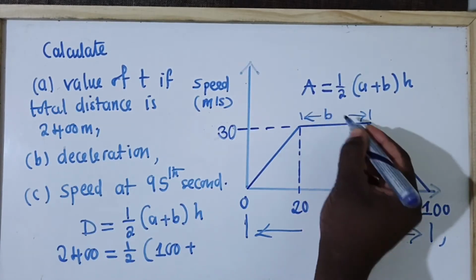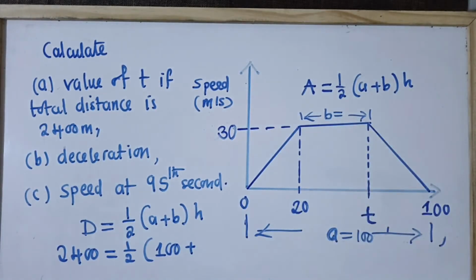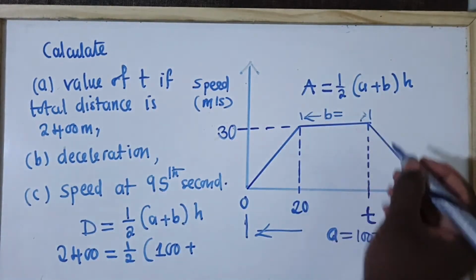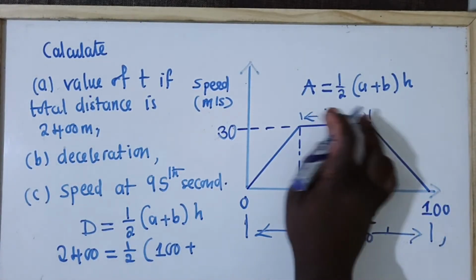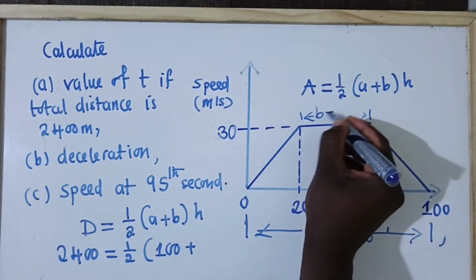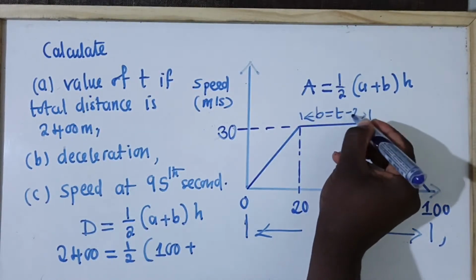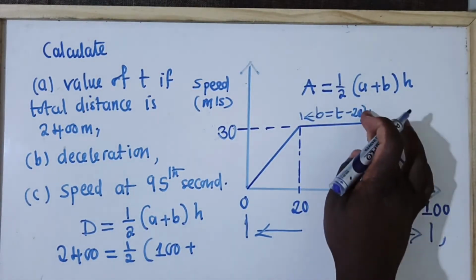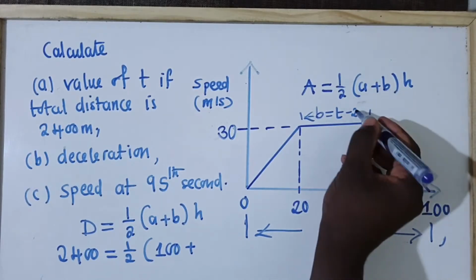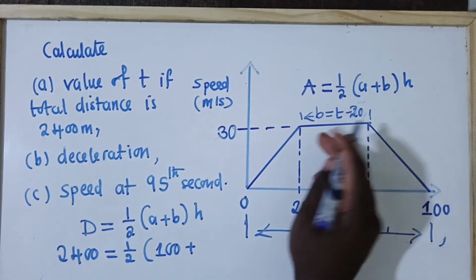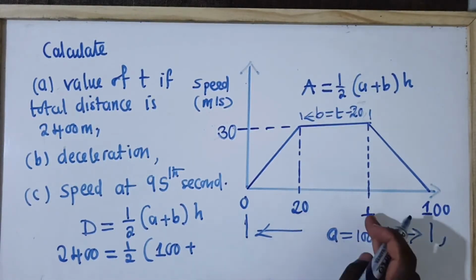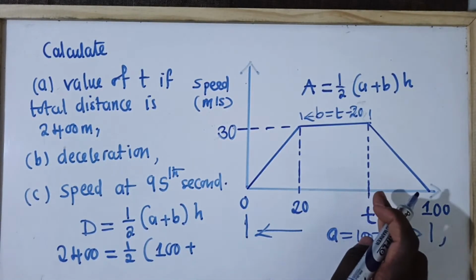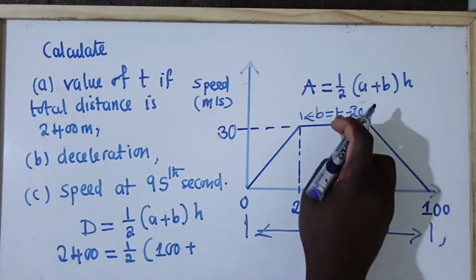This is our B, and B will simply be this minus this. So for B, it's t minus 20. The length from here to here is t minus 20. Let's say here there was 60, it would have been 60 minus 20, which gives us 40.